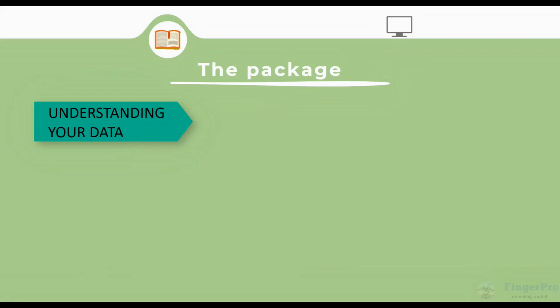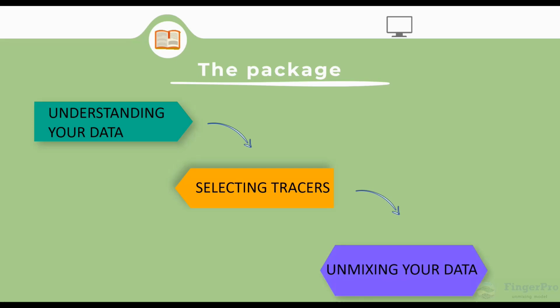The first block is composed of all the graphical tools that help users to understand their data, source discrimination, and check for anomalies or outliers. A second one is composed of all the tracer selection functions, to remove the non-conservative tracers, select those that better discriminate your sources and deeply understand your dataset, and finally, the unmixing model and how to interpret its results.